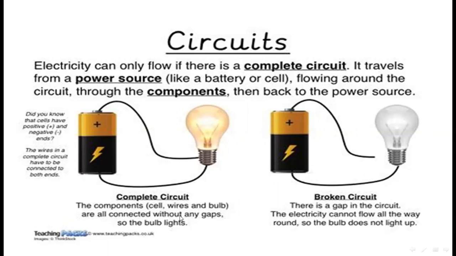In a complete circuit, the cell, wire and bulb are all connected without any gap, so the bulb lights. But in a broken circuit, there is a gap, the electricity cannot flow all the way round, so the bulb does not light up. This image shows the complete circuit, and that one shows the incomplete circuit. Here there is no gap, but there is a gap.